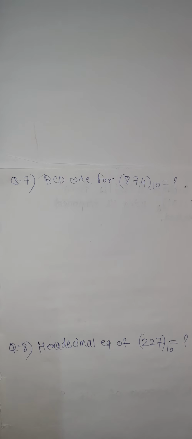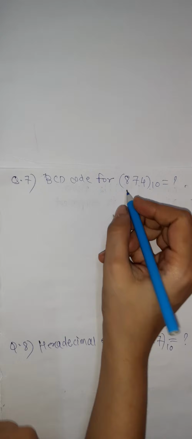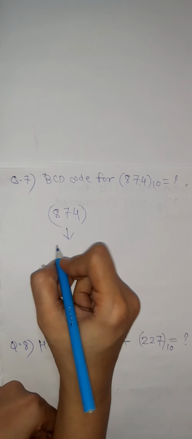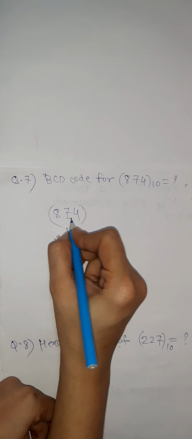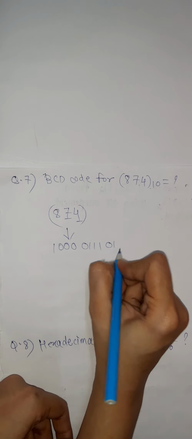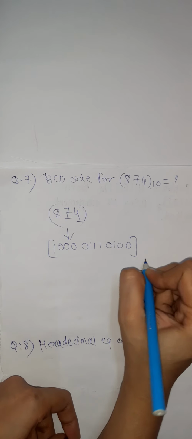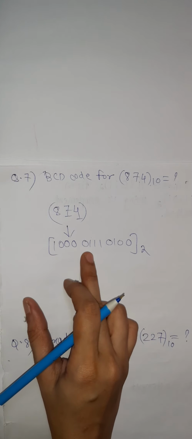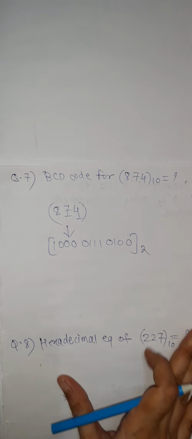So just represent them in binary format. We know that the representation of 8 is 1000, the representation of 7 is 0111, and the representation of 4 is 0100. So our BCD code is nothing but the binary representation 100001110100, which is our right answer.